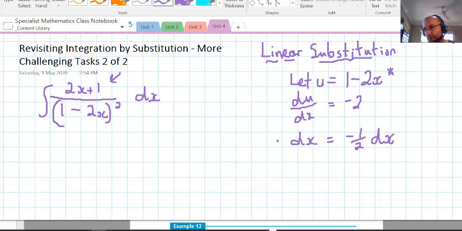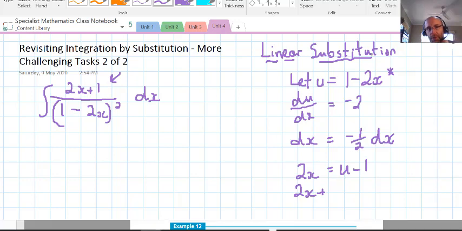We want to be able to write this. So using that u equals 1 minus 2x, we could also write that 2x equals u minus 1, and what we have on the numerator is 2x plus 1, so 2x plus 1, oops, sorry, hold there, made a mistake.